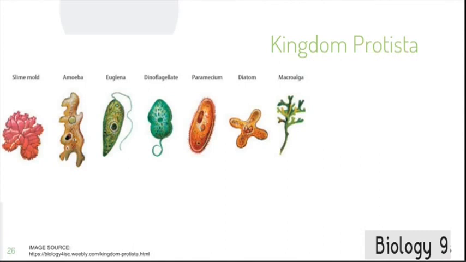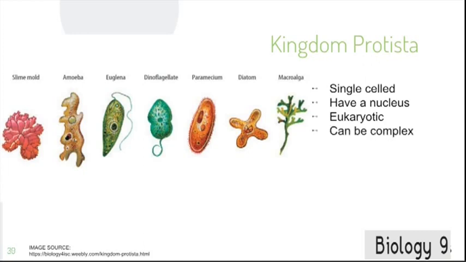The Protista are microscopic, single-celled organisms. They are eukaryotic cells and can be quite complex in their shapes. They include plant-like organisms, and also some that move around like animal-like organisms, and some of them can't move.